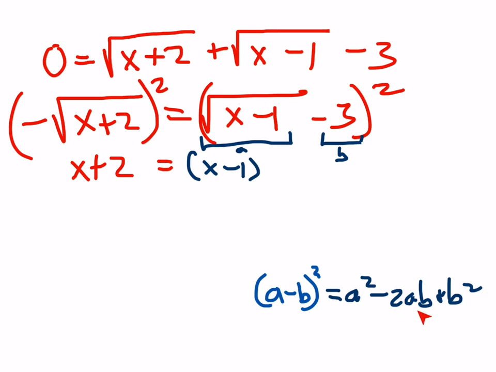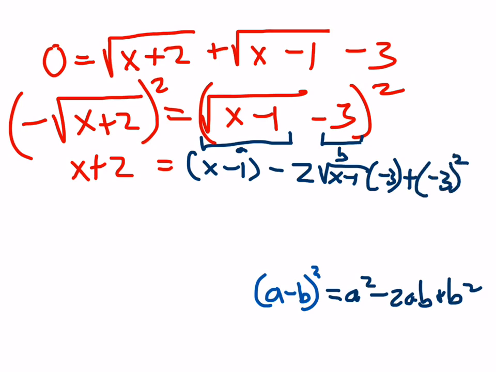Then we're going to have 2 times the product, so we have minus 2 times the product of those two things, that's the square root of x minus 1 times negative 3. And then the last thing we have is plus b squared, negative 3 squared, or really just 3 squared.